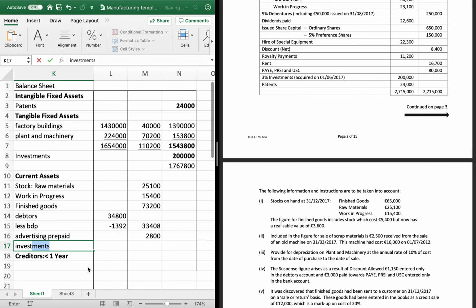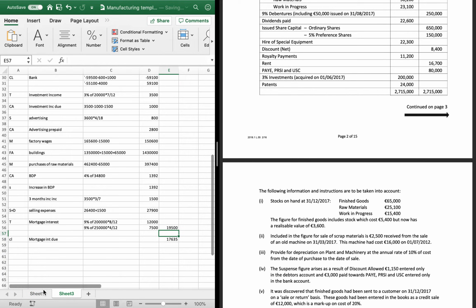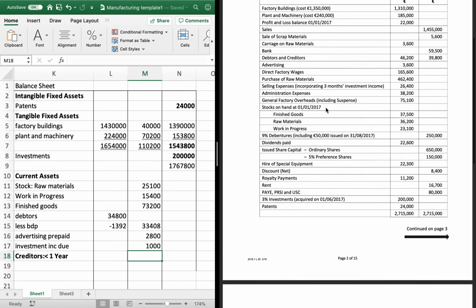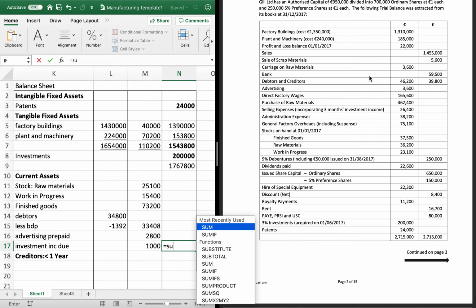Remember, I changed that right at the end. It's down to 1,000. You'd be checking for any more, and they'd have to be on the debit side. Check your workings page as well. Just at a brief look, there's none. So we'll add all of those up.